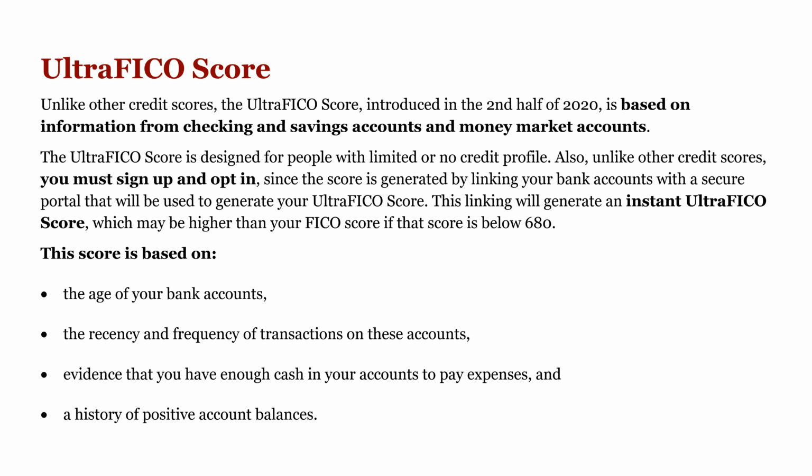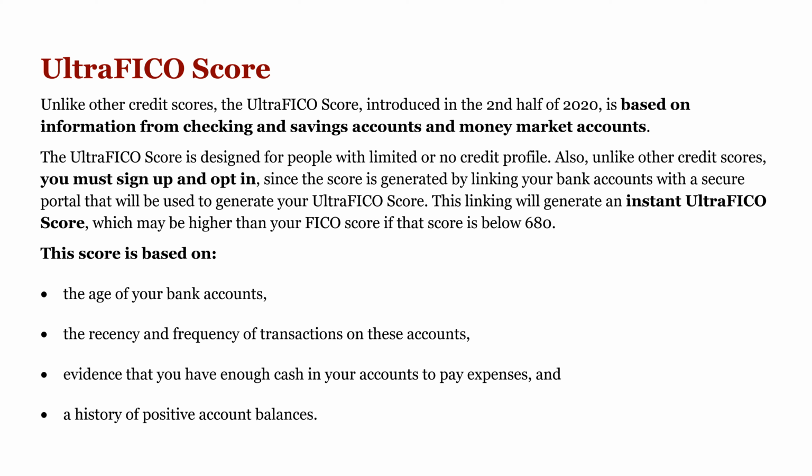Unlike other credit scores, the UltraFICO Score, introduced in the second half of 2020, is based on information from checking and savings accounts and money market accounts. The UltraFICO Score is designed for people with limited or no credit profile. Also, unlike other scores, you must sign up and opt in, since the score is generated by linking your bank accounts with a secure portal that will be used to generate your UltraFICO score.